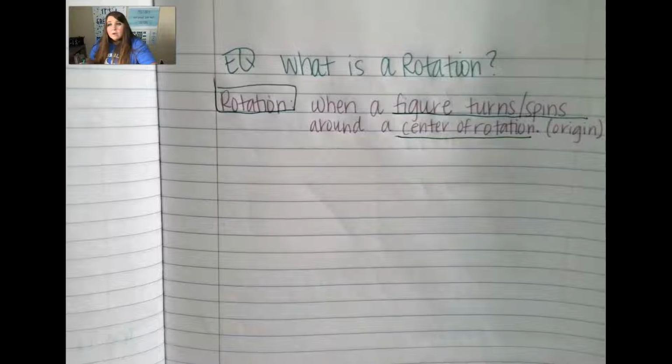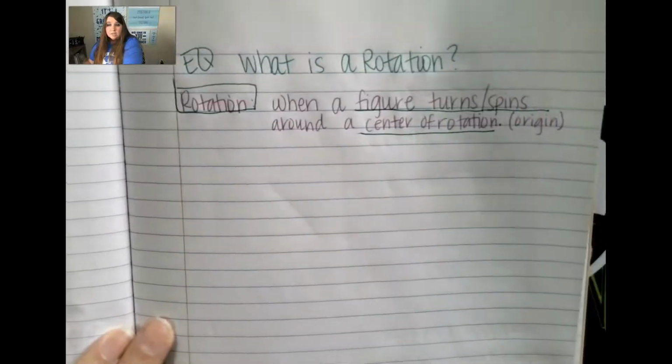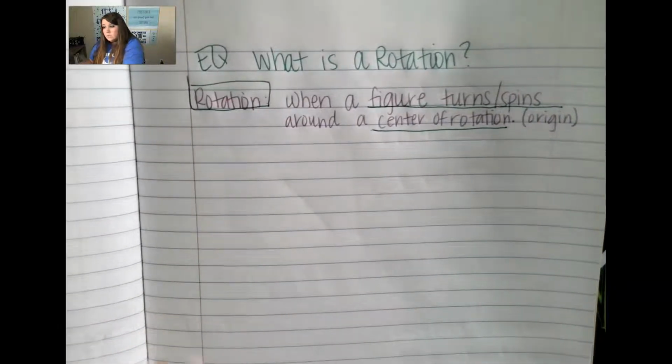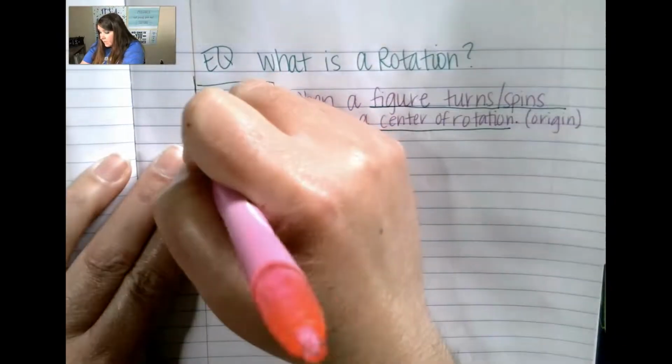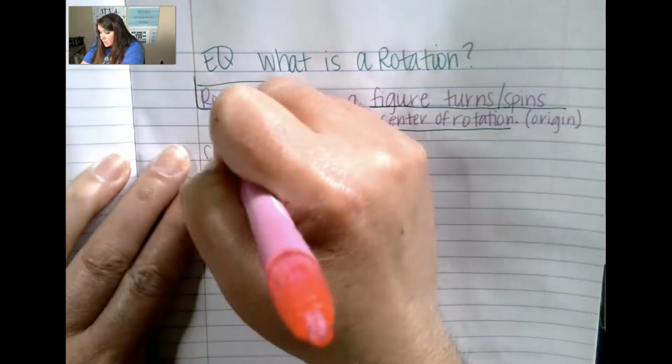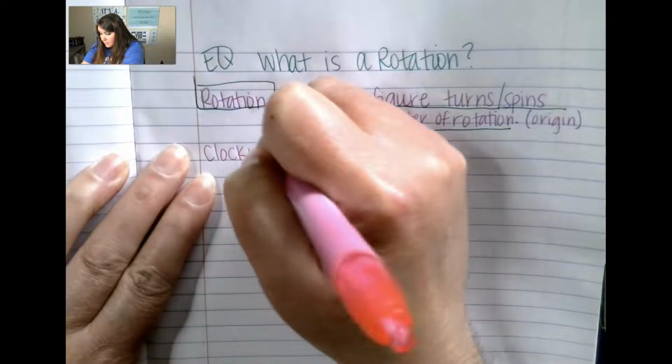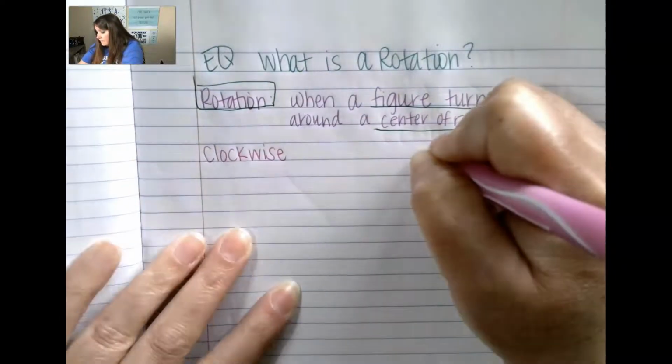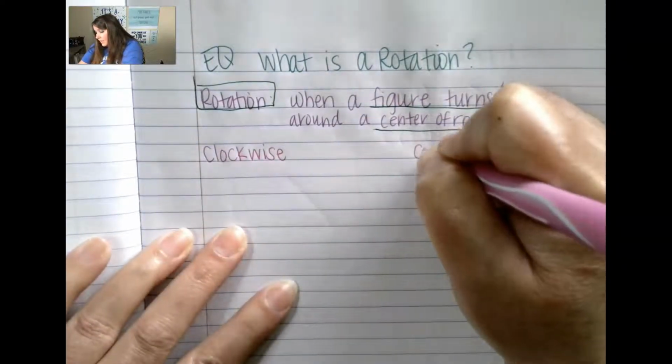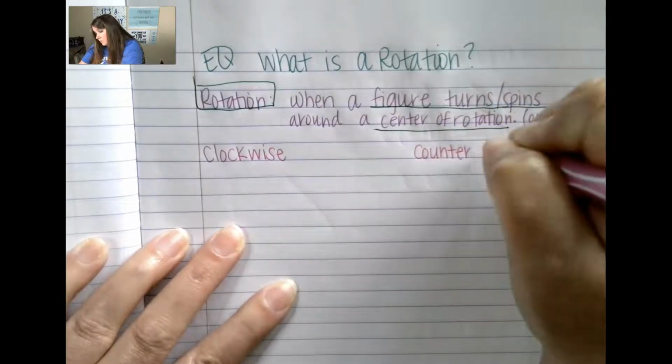And when a figure turns or spins, it can go two different directions. So we can have two different types. We can have a spin that is clockwise, or you can have a spin that is counterclockwise.